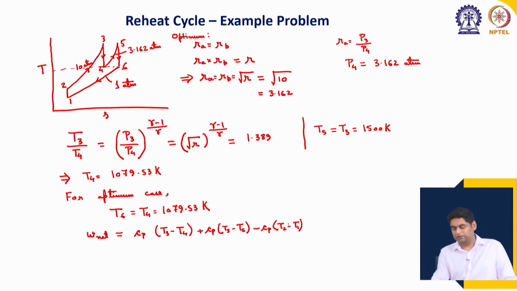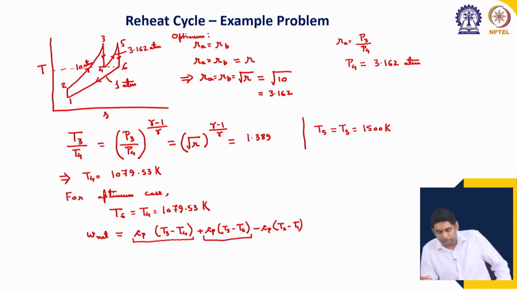You can see that T3 is equal to T5 and T4 is equal to T6, which means that the work output from the high pressure turbine and the work output from the low pressure turbine are both equal. Both of them generate an equal amount of work, and the compressor work remains similar to the previous case.